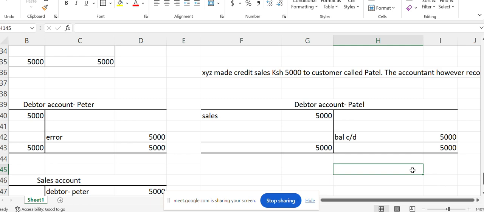That's how you correct the error. You write error on the opposite side of the account where the error was committed for it to become 0, so that we don't have balance carried down. Then now you open the correct account.